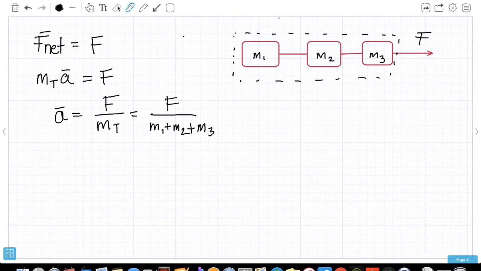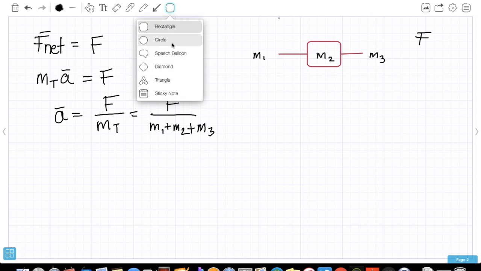So now what we're going to do is just treat each block separately.